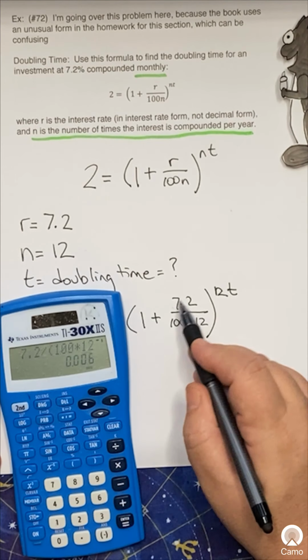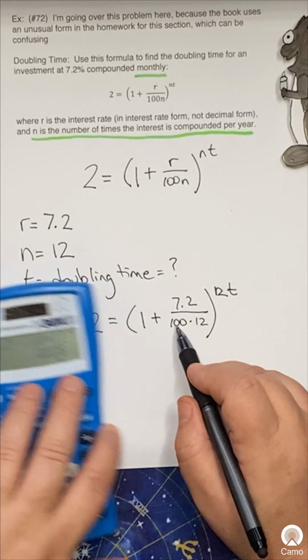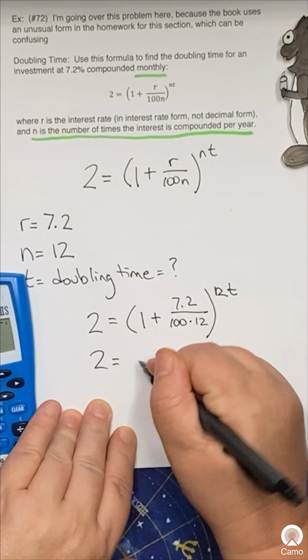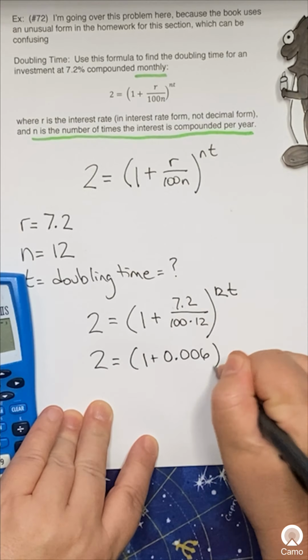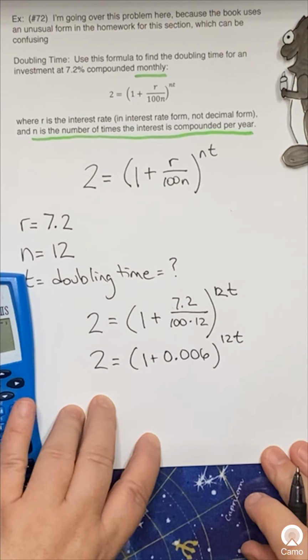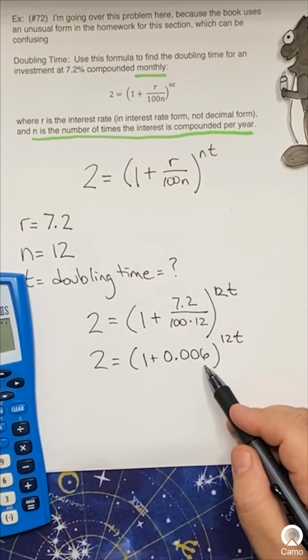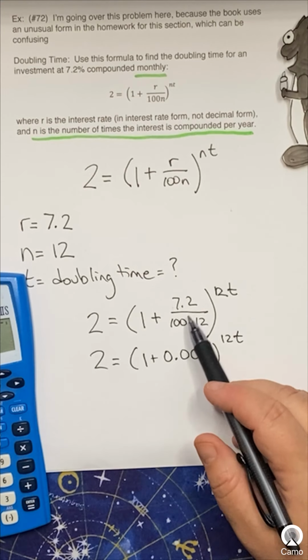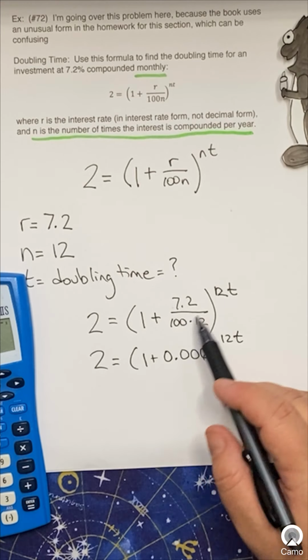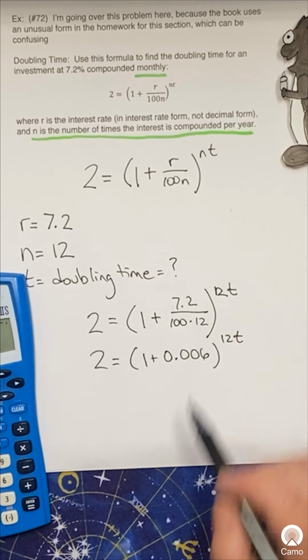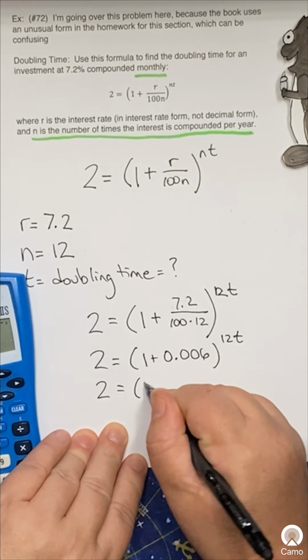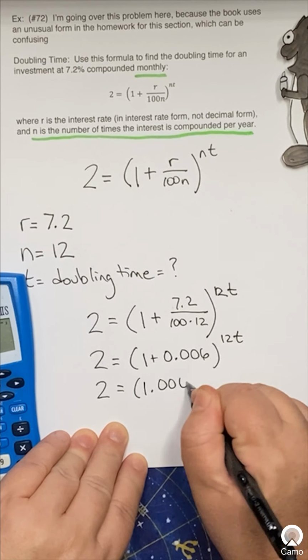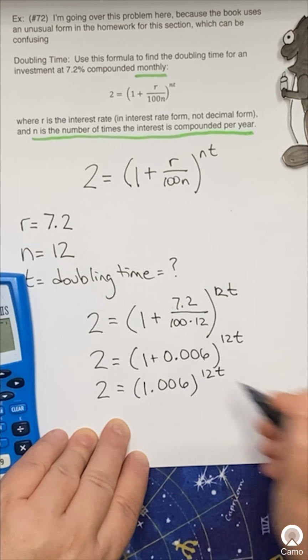This value is going to be 0.006. So I can simplify. If it works out exactly, do that. If it doesn't work out exactly, then you're stuck and have to leave it in this form. If this does work out exactly, I can go ahead and add the 1. So it becomes 1.006 to the 12t.